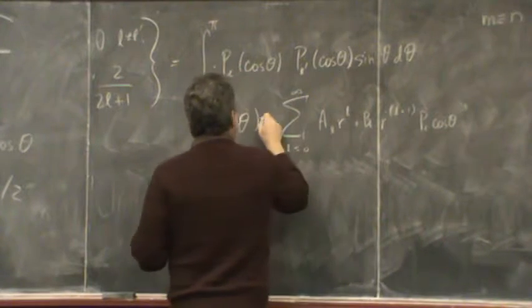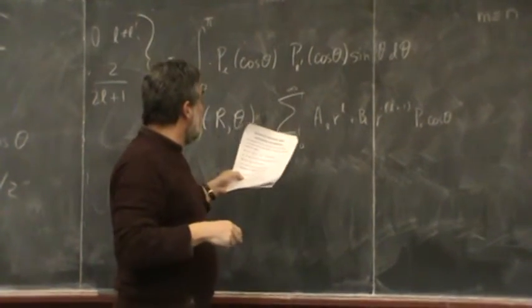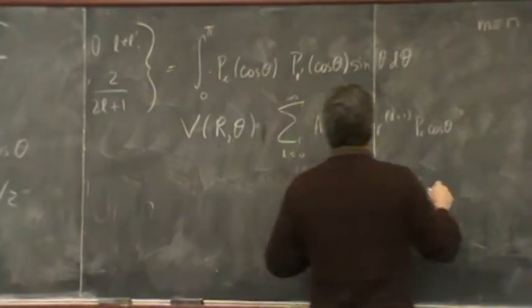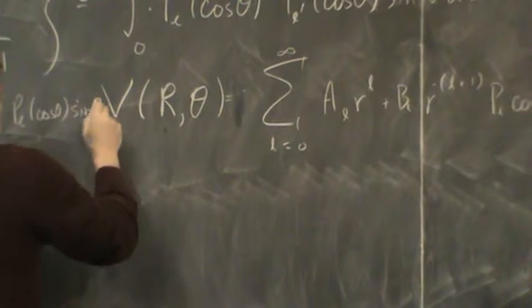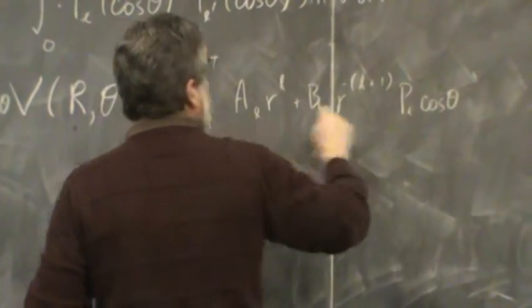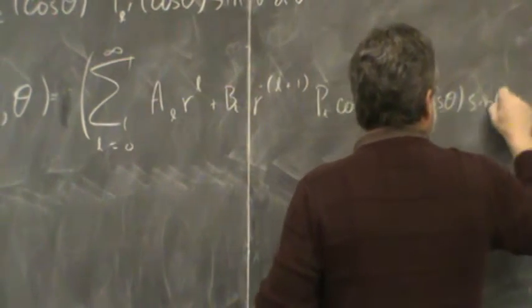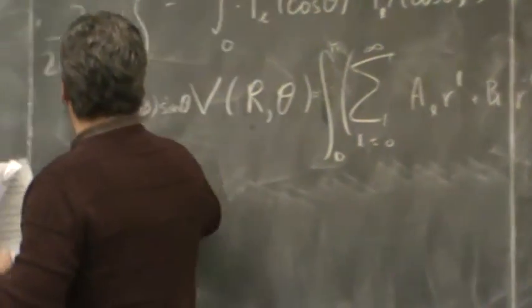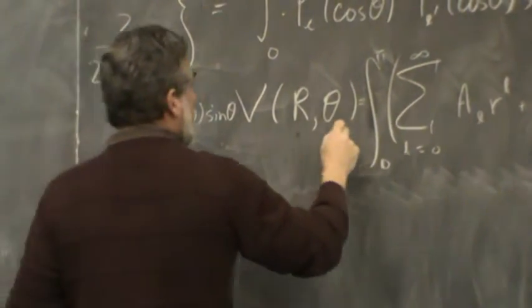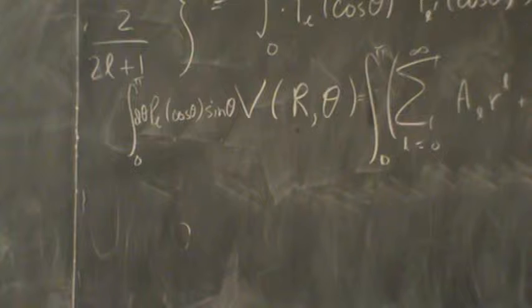I can rewrite that. I need to multiply it by a weighting function, and I need to multiply by the sine theta and by the P sub L. So I multiply both sides by P sub L of cos theta sine theta, and integrate over theta.